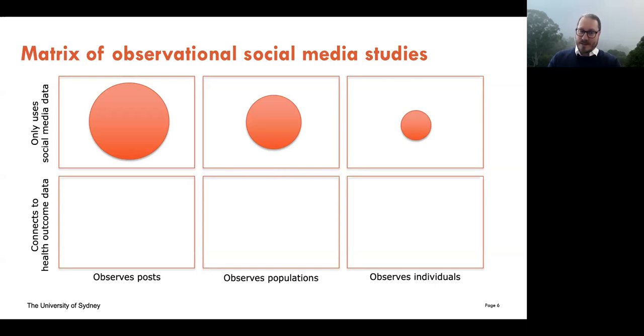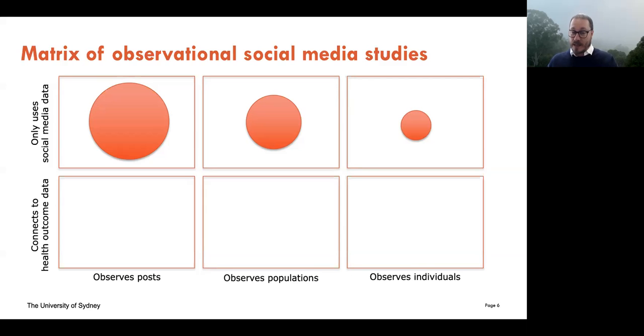There are lots of studies that look at what people post on Twitter, on Facebook, on YouTube, on Reddit, and they only use social media data, and they're related to health. They're trying to understand things about health by counting up the number of times people post something online and what they say, trying to characterize that information.